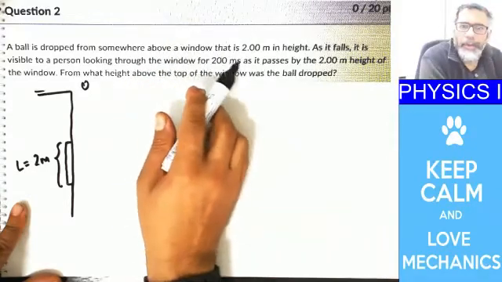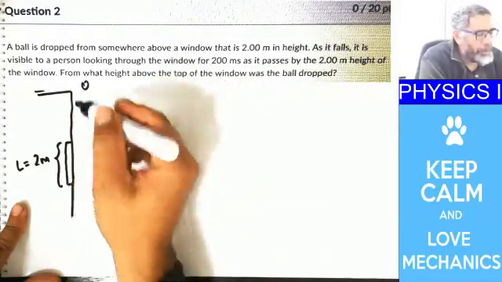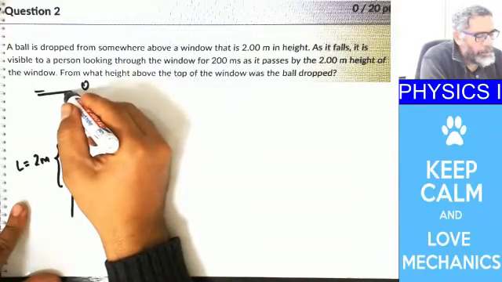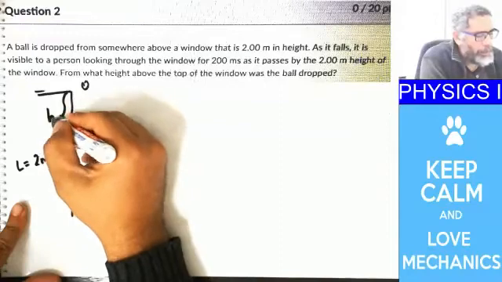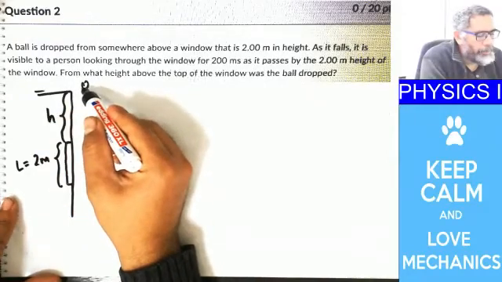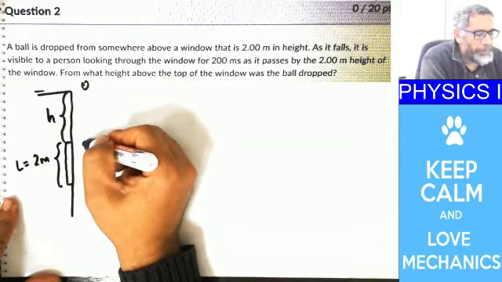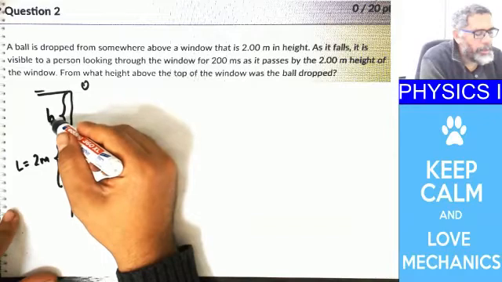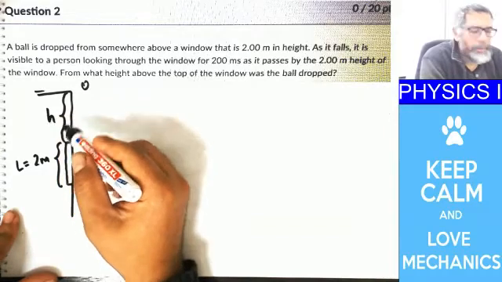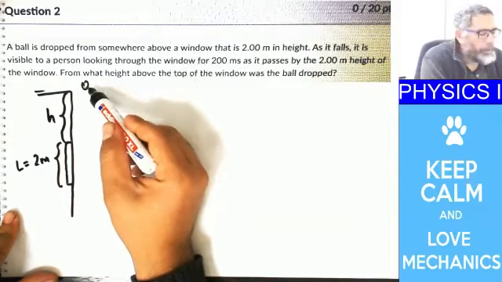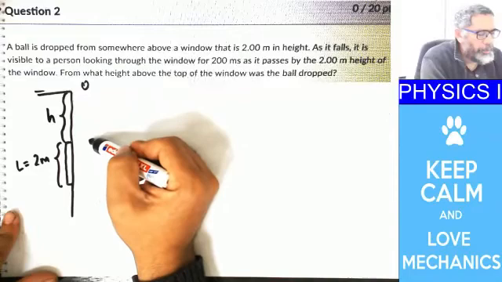So above a window, let's say, the distance h is where the ball is dropped from to the top of the window. This h that we don't know is what the problem is asking. h is the distance from the point that the ball is released to the top of the window, okay?